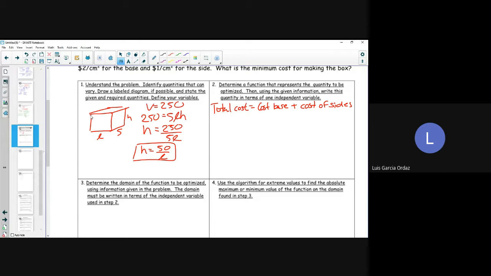Which means that the cost is going to be, so how much does my base cost per centimeter squared?